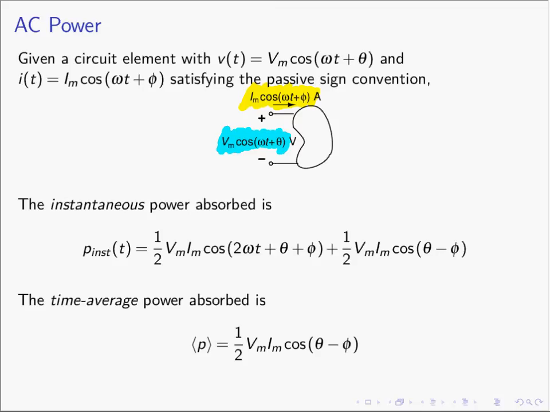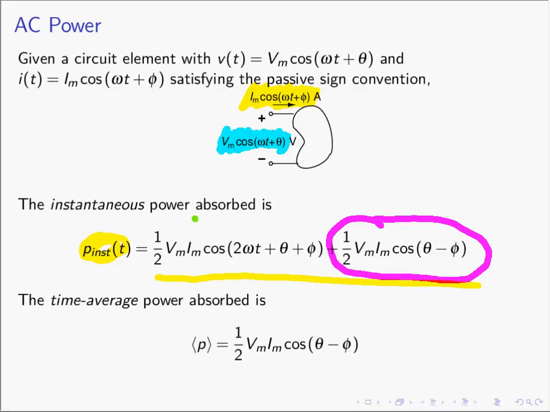Then the instantaneous power is given by this formula right here. It consists of a part which is a constant and a part which oscillates at twice the frequency that we excited the circuit with.